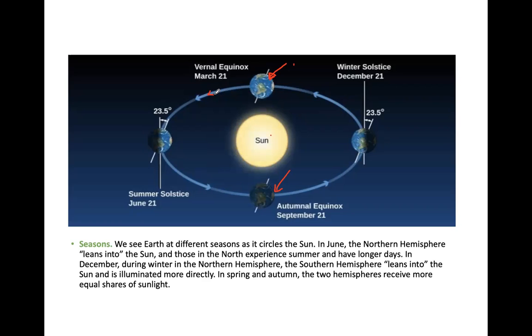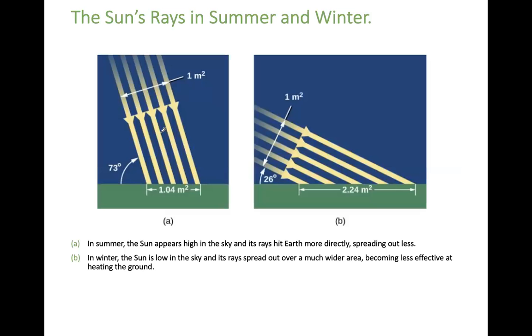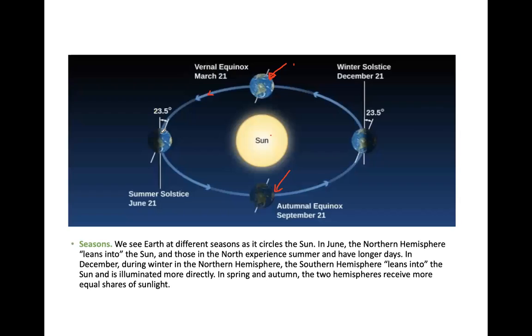So you can clearly see that when it moves in this direction, all this part in the southern hemisphere gets direct sunlight for some time.